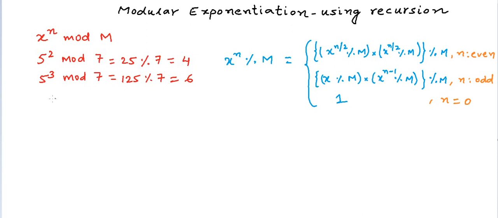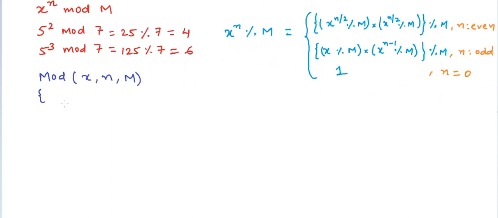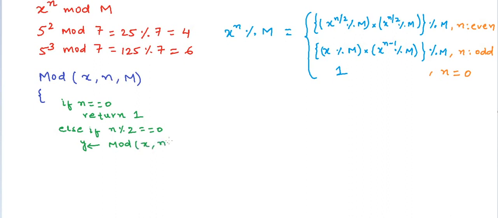Now let's write a function to implement this recursion. Let's say we write a method mod that takes as arguments x, n and m, and it goes like this: if n is 0, simply return 1. Else if n is even, which is the same as saying n modulo 2 is 0, then first calculate x to the power n by 2 modulo m. So we make a recursive call to calculate that, store it in y, and then we return y into y modulo m.